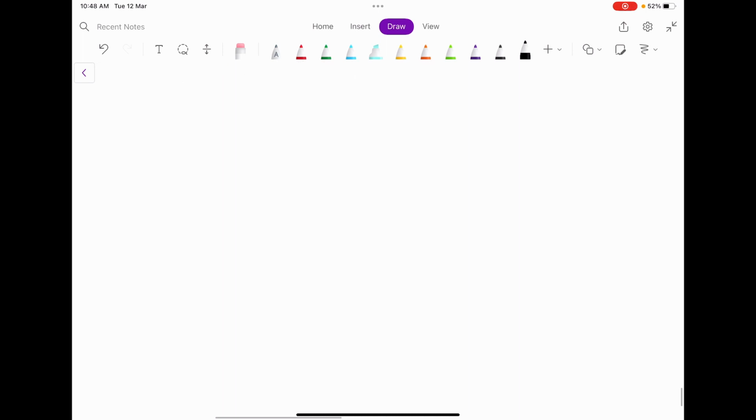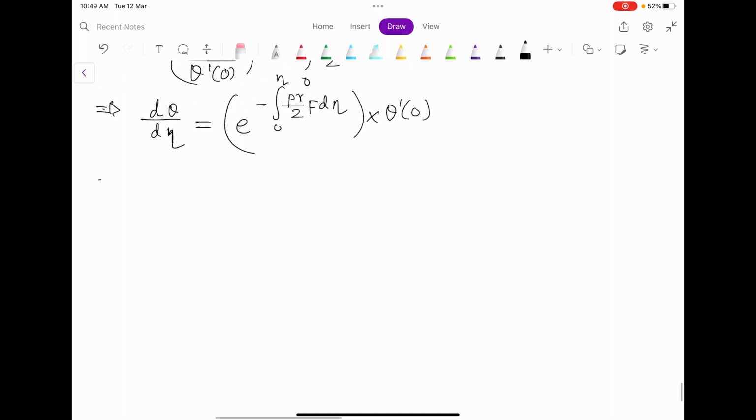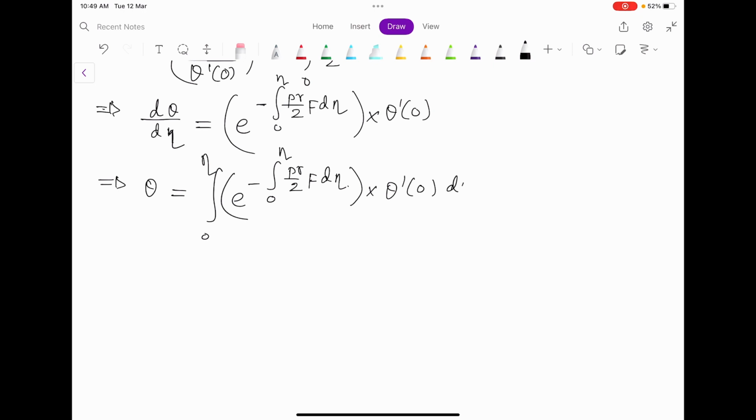Then I have the solution as theta equals the integral from 0 to eta of this, into d eta.